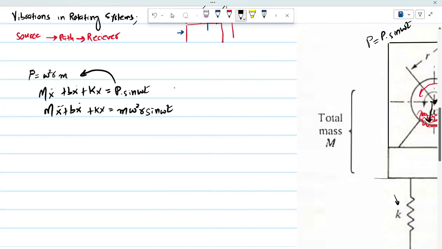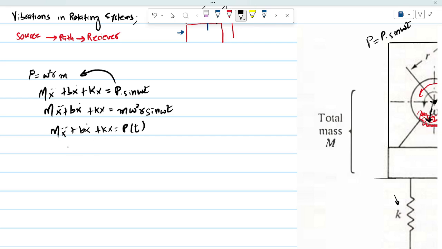So this is the general equation of motion of a system that is subjected to excitation because of the rotating, unbalanced mass. You can take the transfer function for this one. For now let's just call the force p of t.